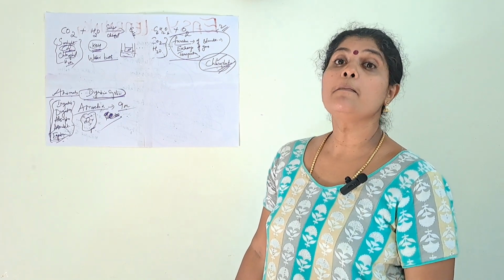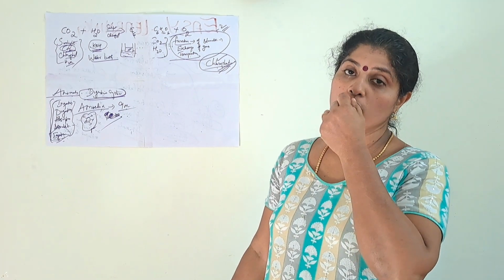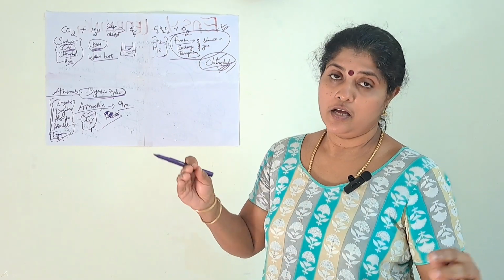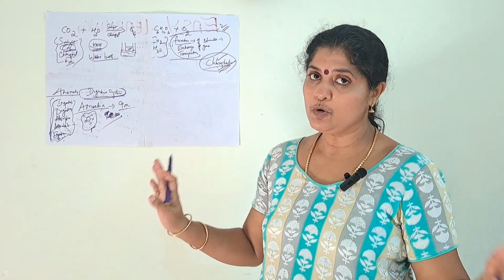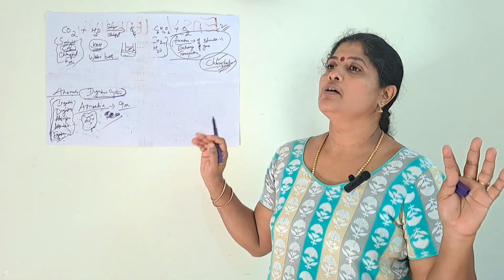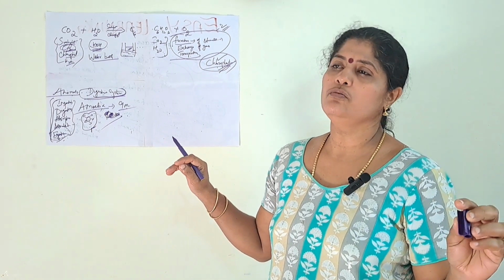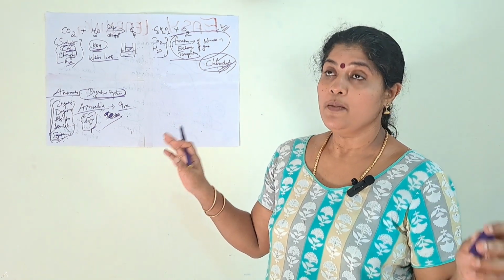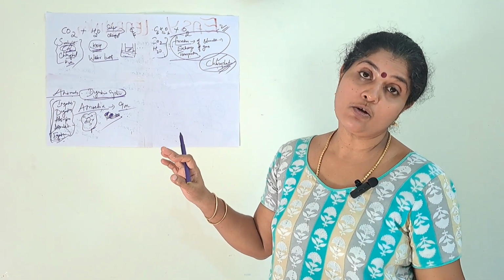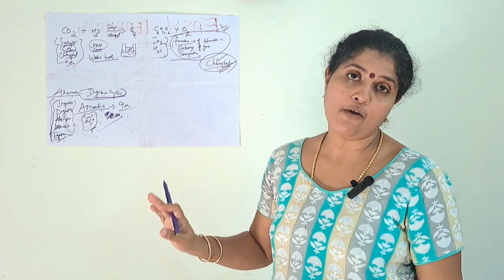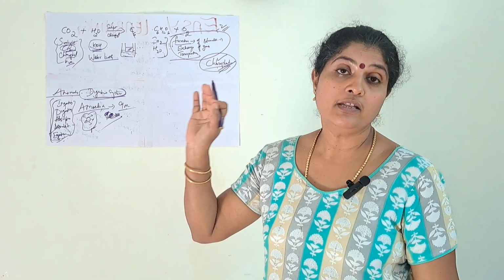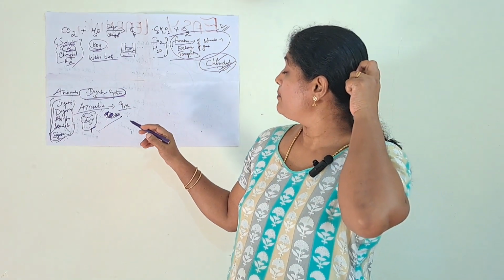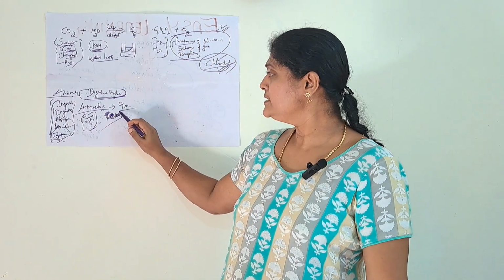It starts from the mouth. I will just go through the different parts because it is not that frequently asked. You should know the diagram, even though till now it has been asked only 1 or 2 times. They may give the diagram in the question paper, with certain parts marked A, B, C, D, and you have to identify them. So I will tell you all the parts of the digestive system.